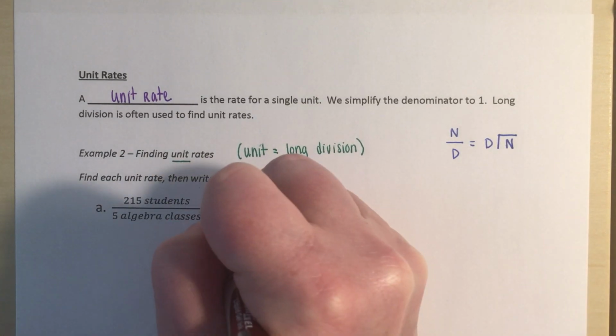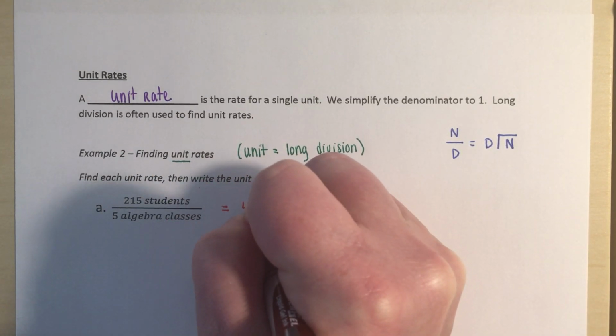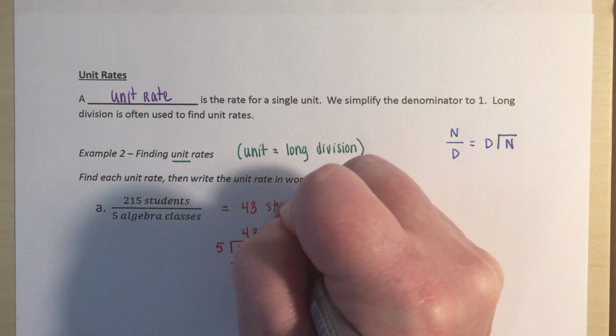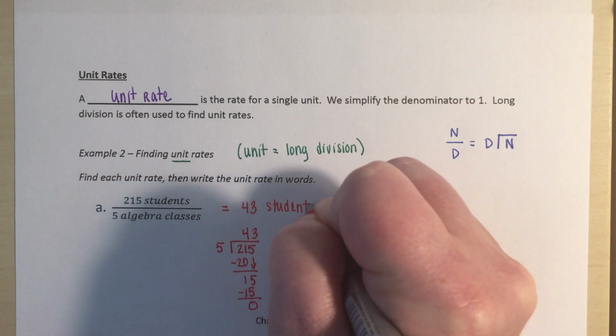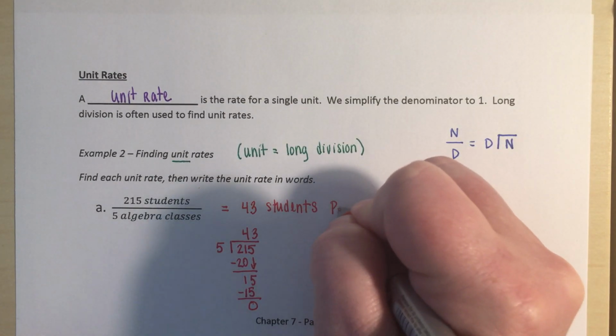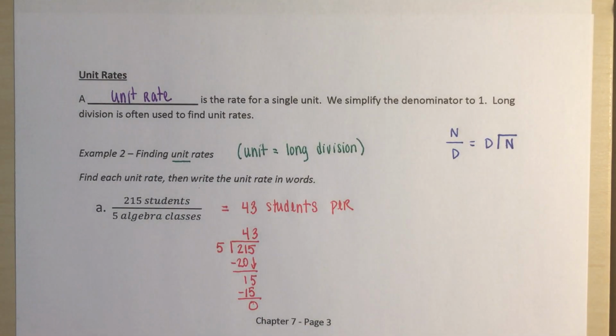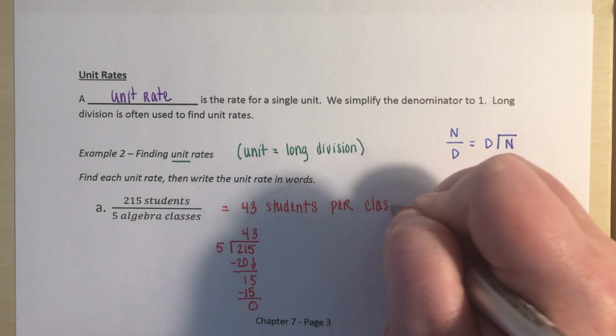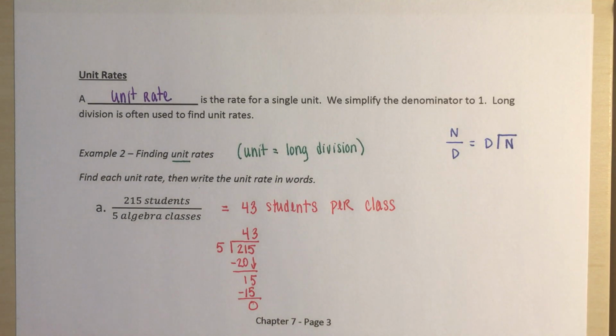So we're going to write this in words. We're going to start with our answer, our quotient, and that came from our numerator, so we're going to label that in students. So 43 students. Since our denominator has been reduced to 1, we're going to use the word per. And our unit of measurement for the denominator was class, so we have 43 students per class.